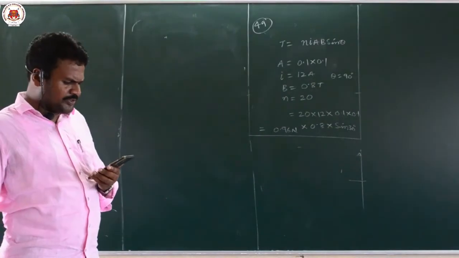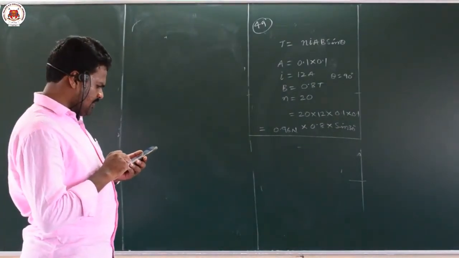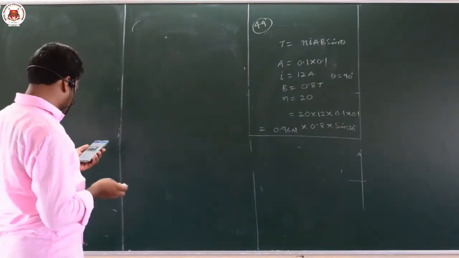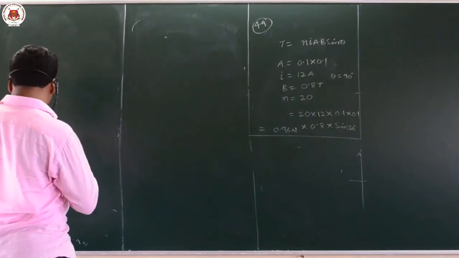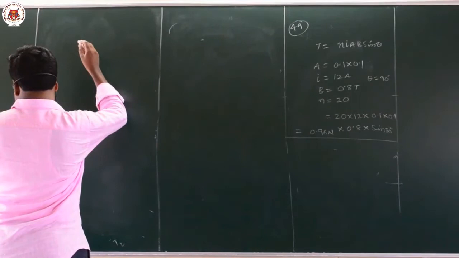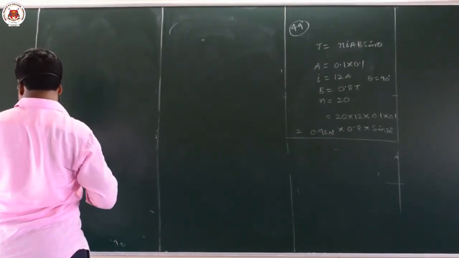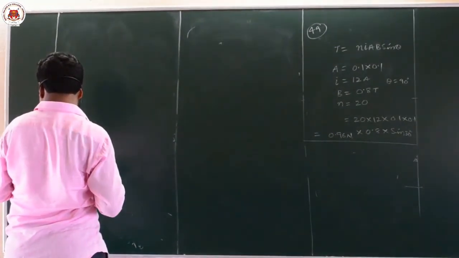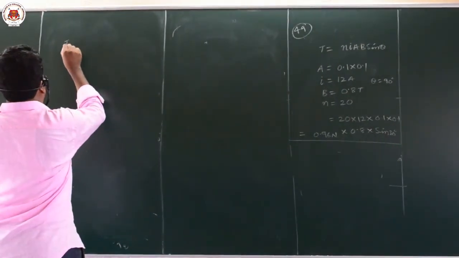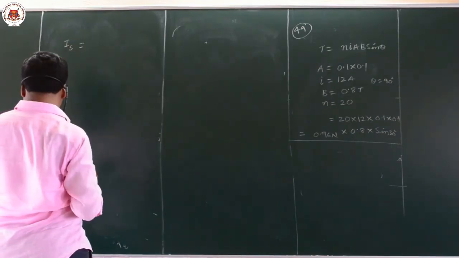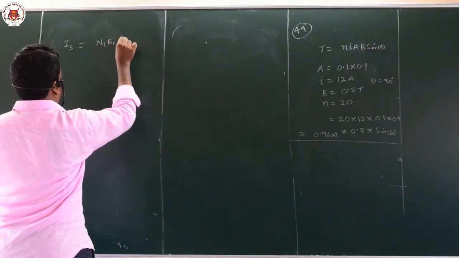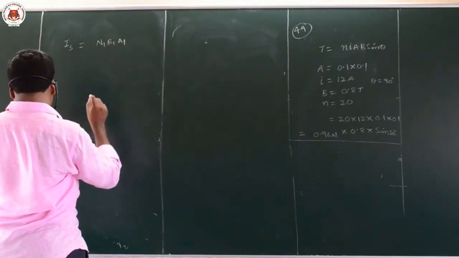Next question 4.10, two coil meters. In 4.10, the ratio of current sensitivity and voltage sensitivity is asked. Current sensitivity of galvanometer is equal to N1 B1 A1 by K1.